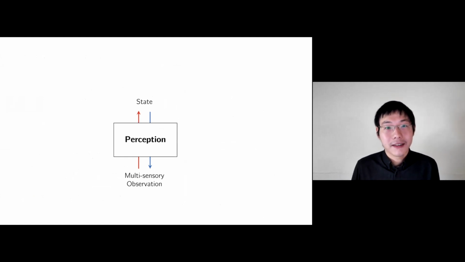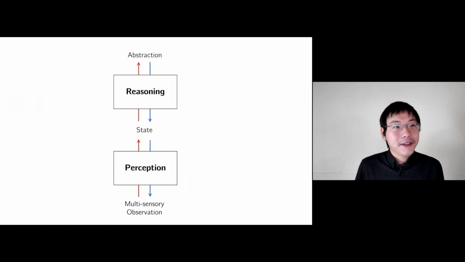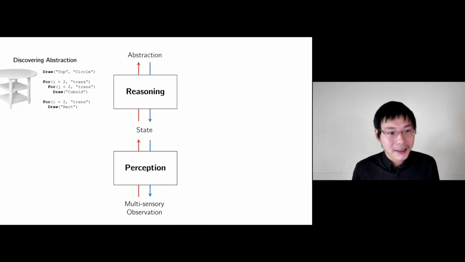And we're not just doing everything in the raw state space, but we're also trying to invert the reasoning procedure to distill some abstractions about objects: they're not just a collection of points or voxels, but instead there are more important abstractions like chairs have legs, and legs, in this case, are more like cuboids.